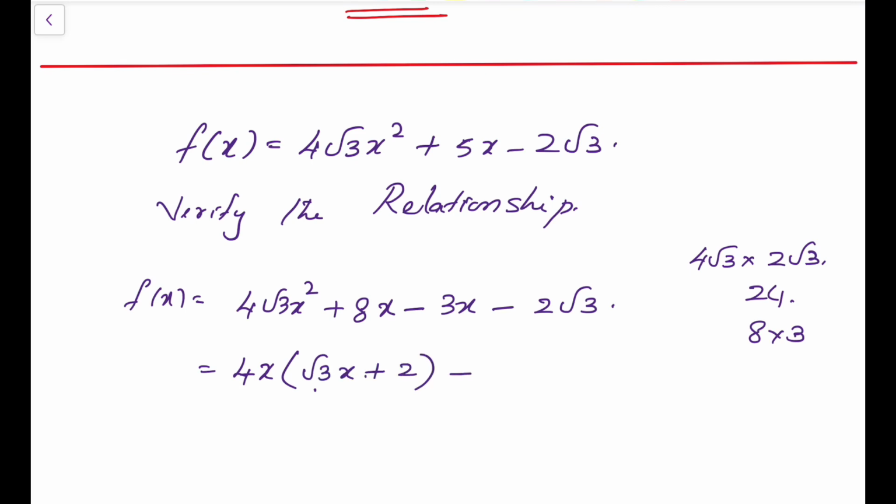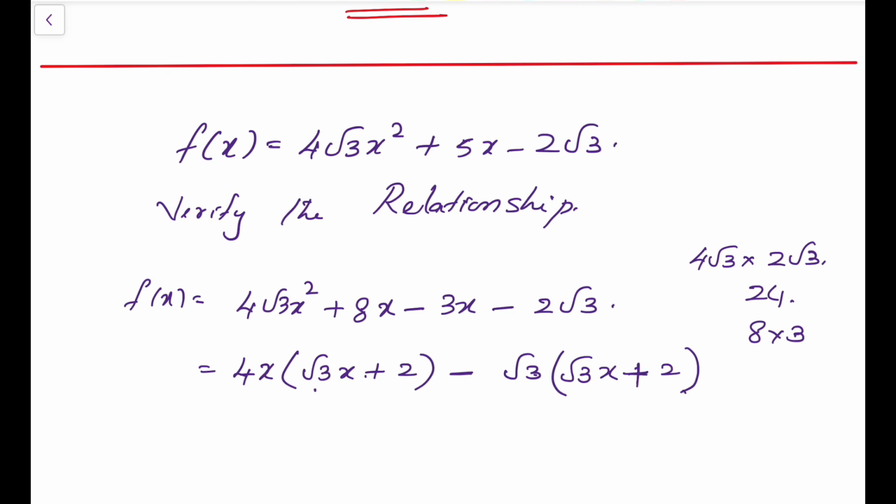So you will get root 3x plus 2. Now here we will take root 3 out. So in the first term it is 3x. So root 3 has been taken out. So you are left with 1 3. And then x minus root 3 has come out.